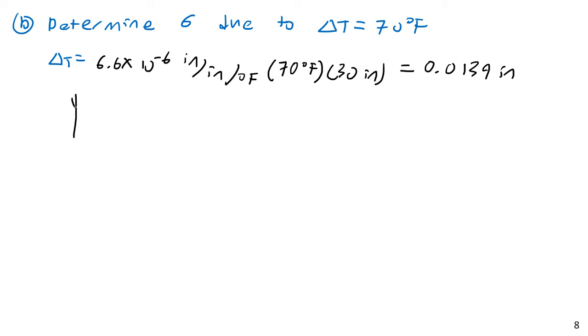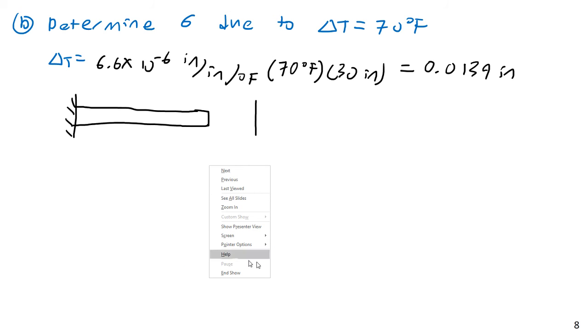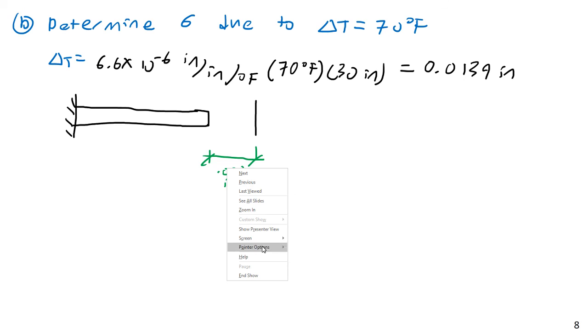And then, so let's look at this. We have the initial gap, which is 0.002 inches. The initial gap that we saw earlier was 0.002 inches. However, how does this thing actually want to deform? Well, it needs more space than that.